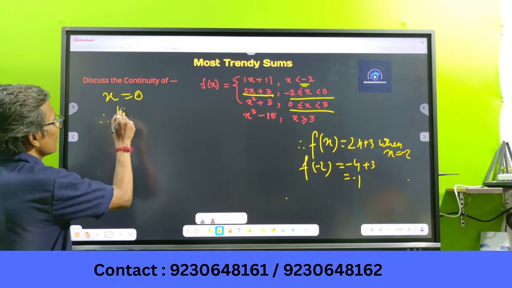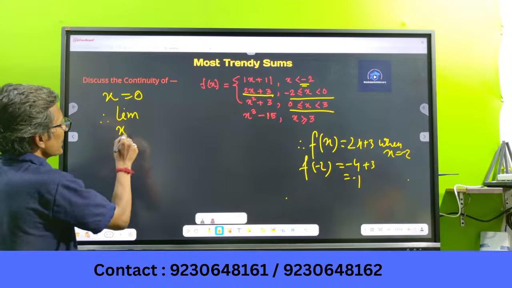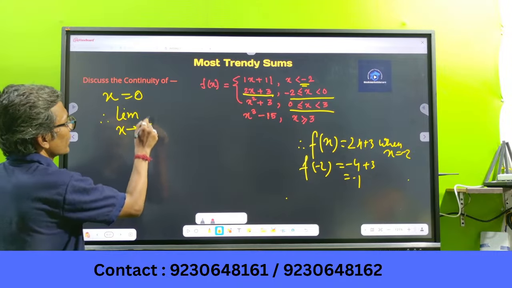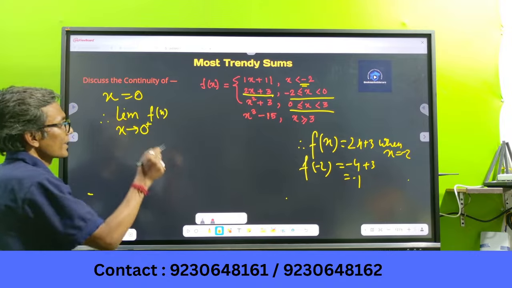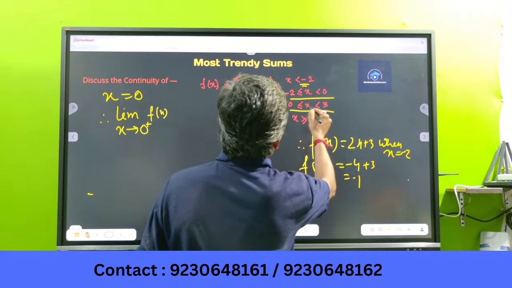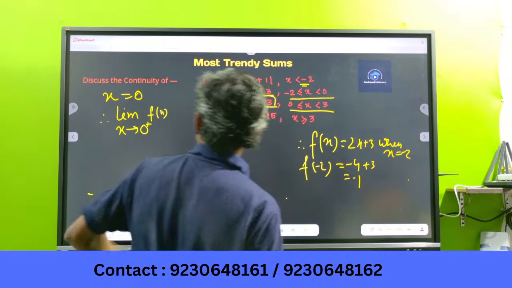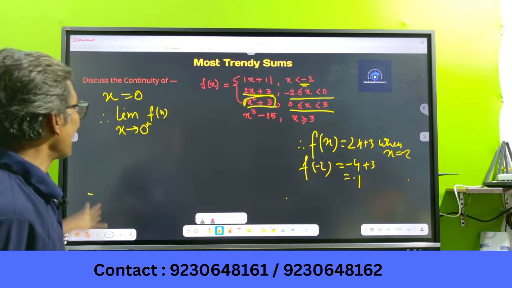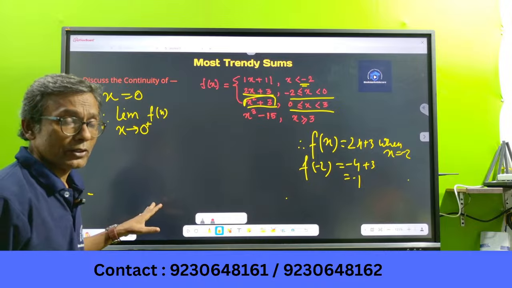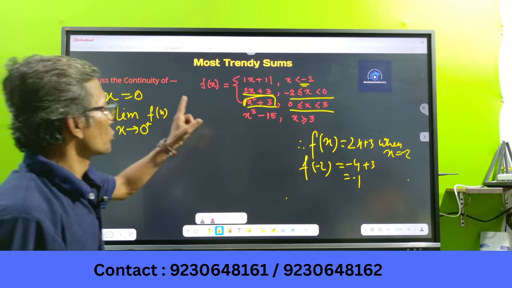So right hand side limit, x tends to 0 plus f of x. For x greater than 0, meaning the right hand side limit, this function should be taken.